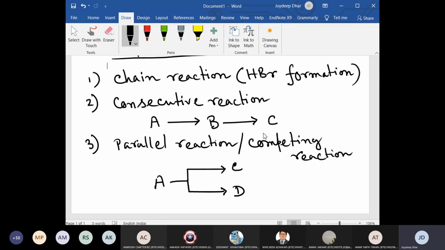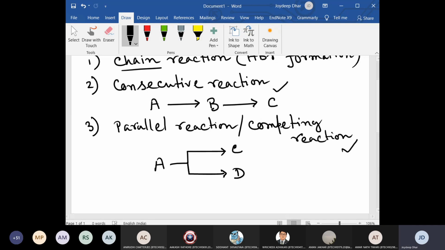Chain reaction I will start after completing consecutive and parallel. For HBr formation, I will give an example and you can see how chain reactions take place. First I will start today with consecutive reaction. What is consecutive reaction? Taking a general example, I will derive the rate equation, and from the rate equation ultimately we will calculate the concentration of the final product.